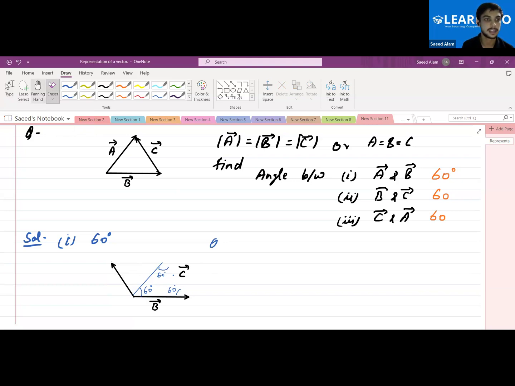Yes, now I think it's correct. It's totally okay. So I'm writing this to be the C vector. Is this okay? Yes. So this should be the angle between C and B. Yes or no? Yes. And how much will this angle be equal to?